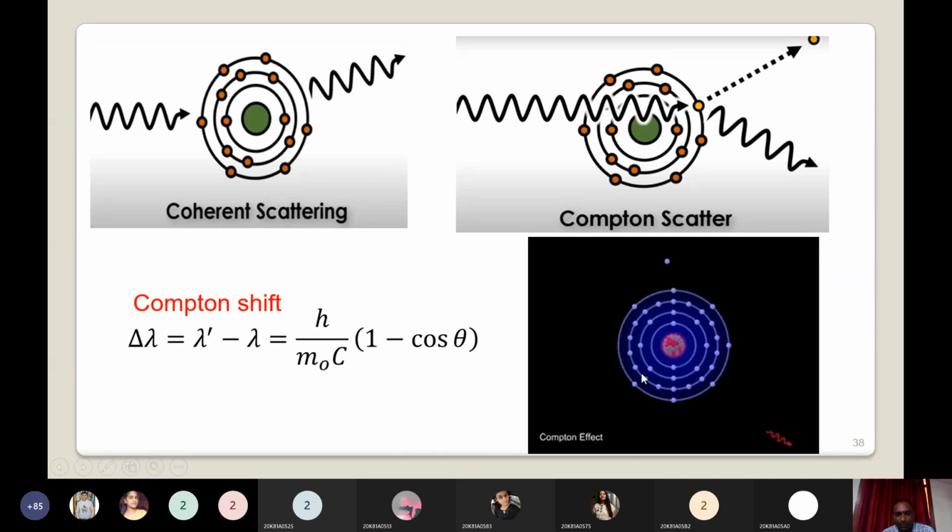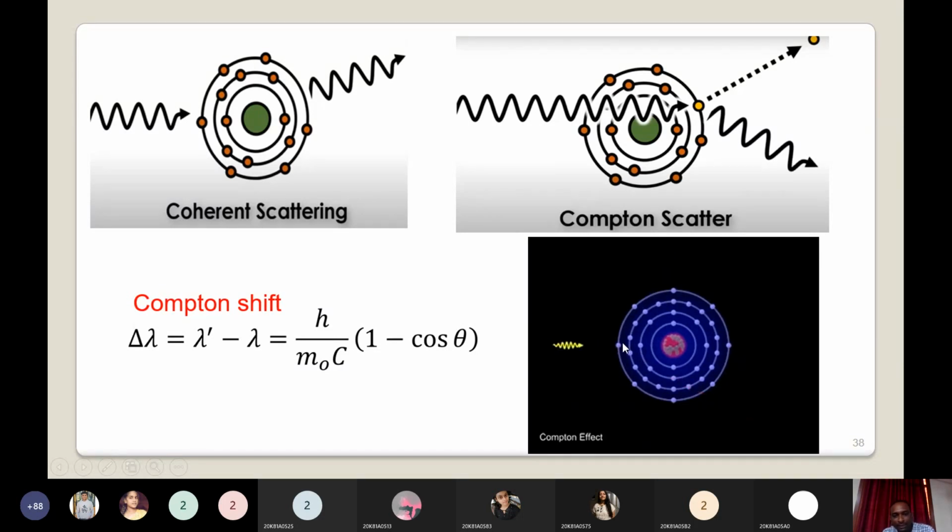The yellow color is the incident photon. This is the nucleus, and electrons are fixed or revolve around the nucleus. Once this photon hits the electron, the electron goes in one direction. You can see after that the photon color also changed. It is red, right? That indicates that after the collision, the photon loses energy to the electron.